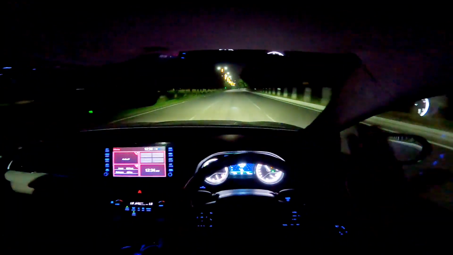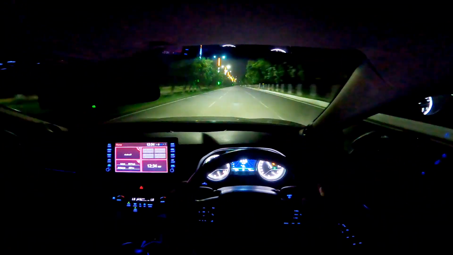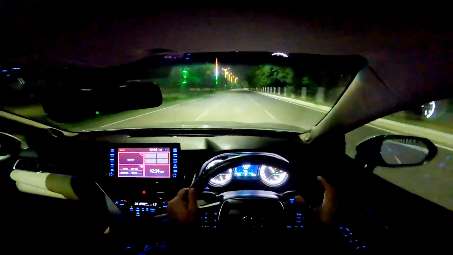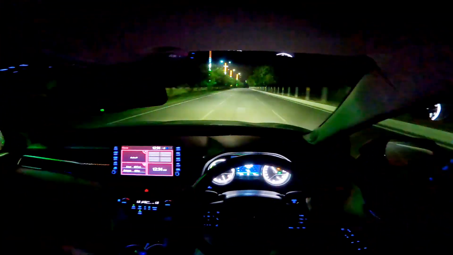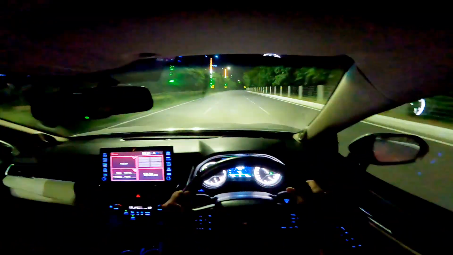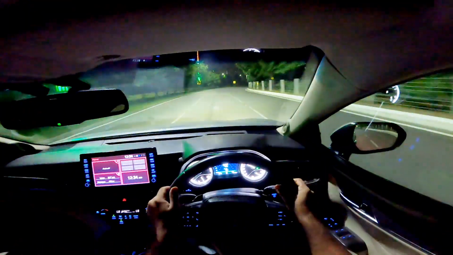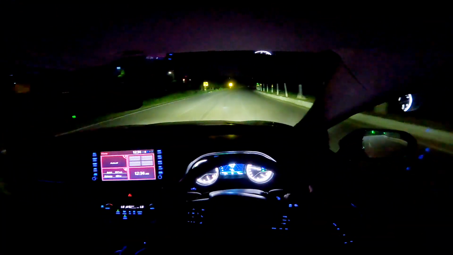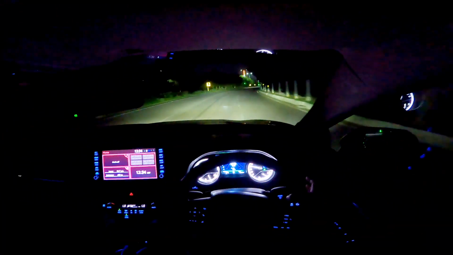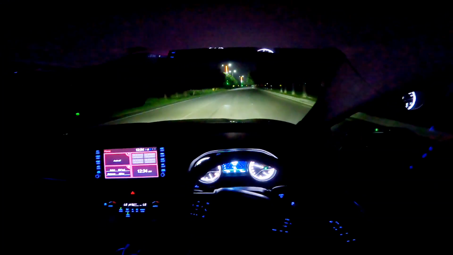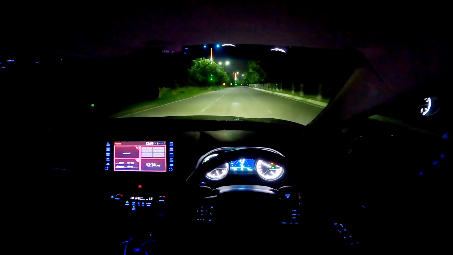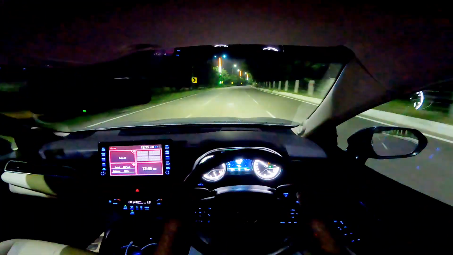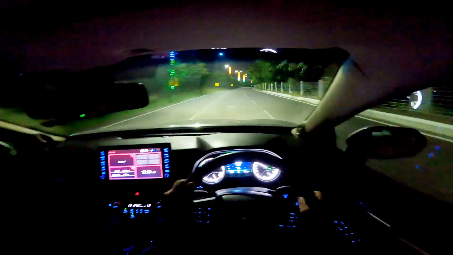But then yeah, you should know how it appears from behind the wheel while driving at night, because you would not be always driving in pitch black darkness. Okay, now so this POV night drive is something that many people like as well.